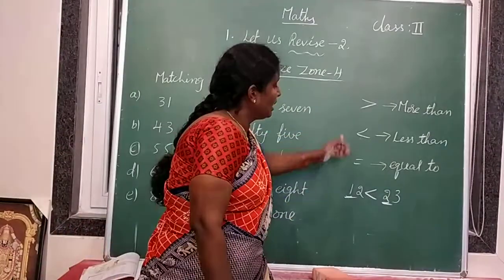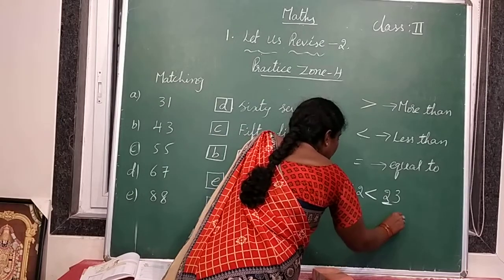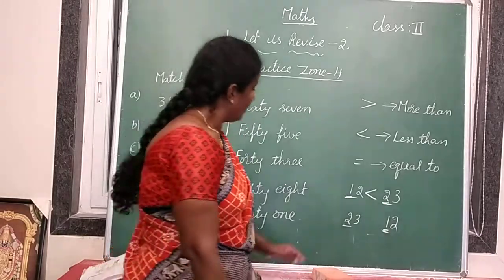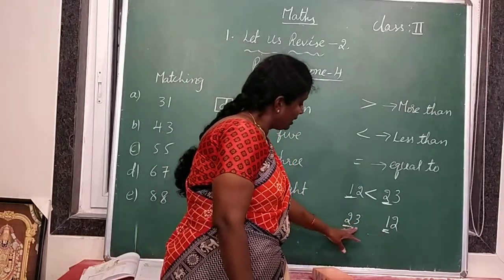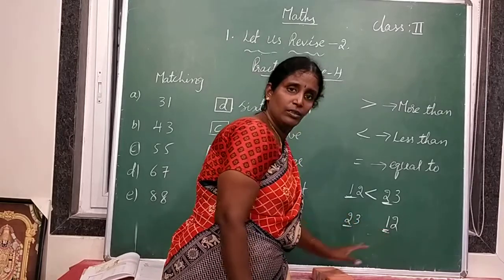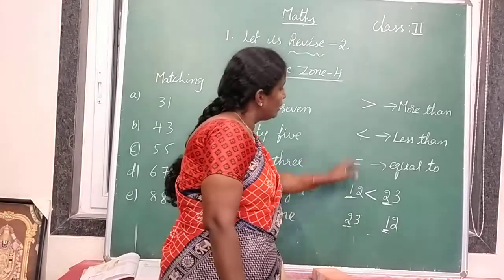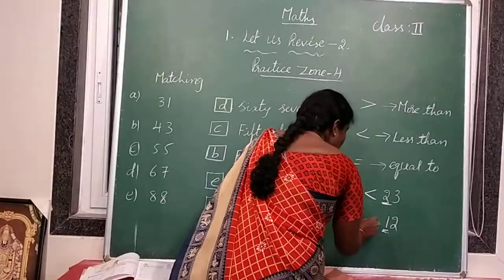If the first number is more, for example 23 and 12, here 2 is greater than 1. That means 23 is greater than 12. So which is the more than symbol here? This is the more than symbol.